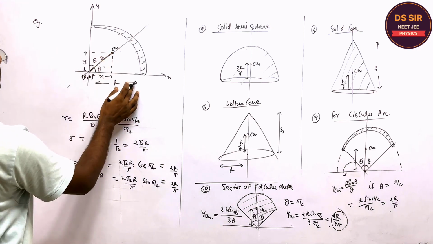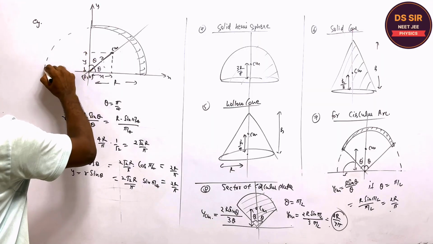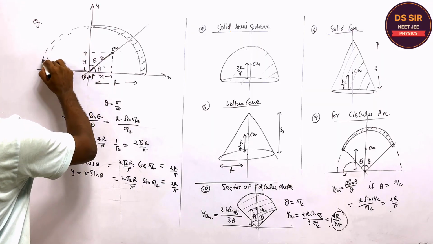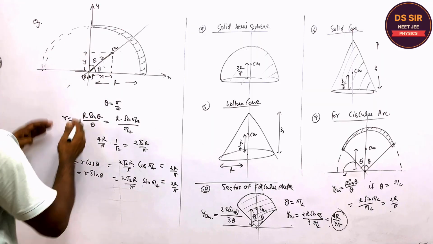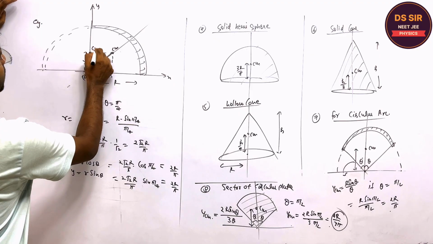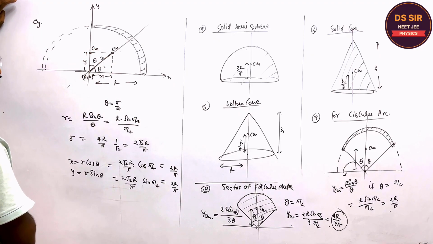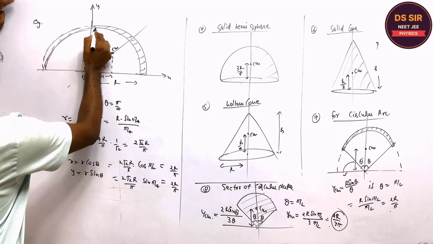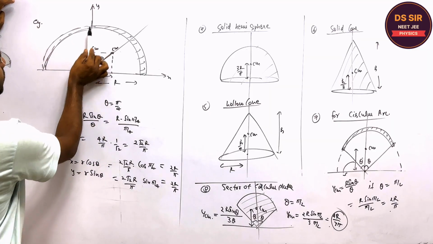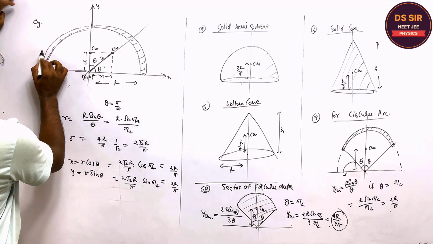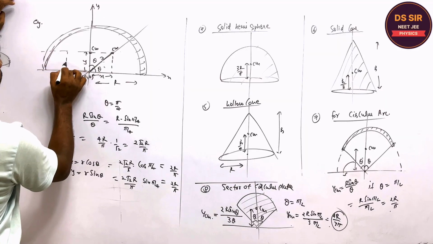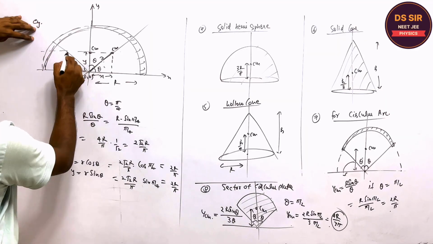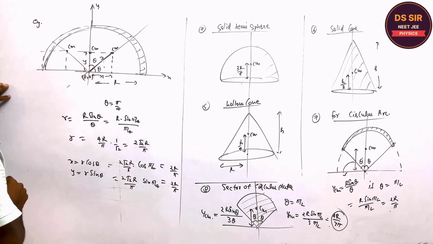Obviously, listen one thing. Suppose you complete this ring, so the center of mass will be over here. Are you getting or not? If the semicircular ring was completed, if you consider this is one object, this is the another object, its center of mass will be over there.